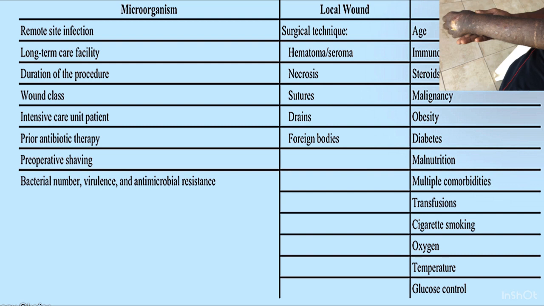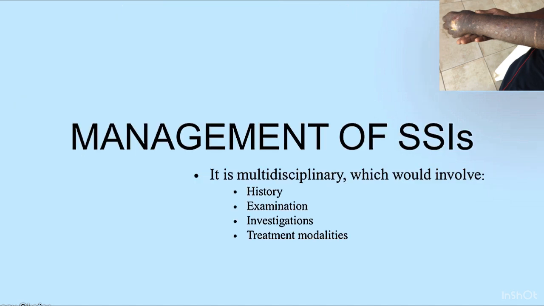And patients who have some form of immunosuppression, such as HIV, patients who are undergoing chemotherapy for any form of cancer, patients on steroid therapy, patients with diabetes, patients who are malnourished, all of these factors tend to decrease their immune system and therefore predispose them to surgical site infection. Also, patients who smoke cigarettes have an increased risk of surgical site infection.